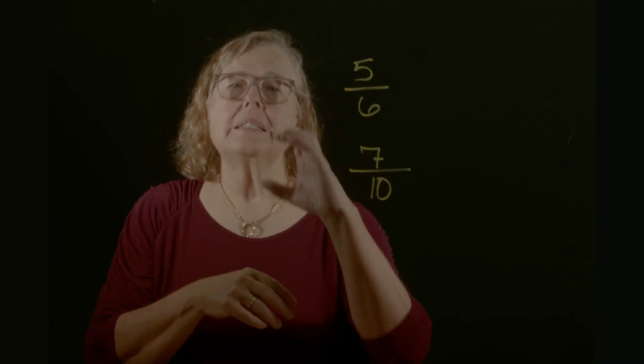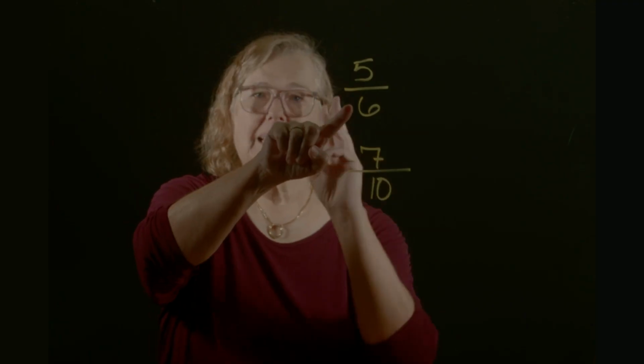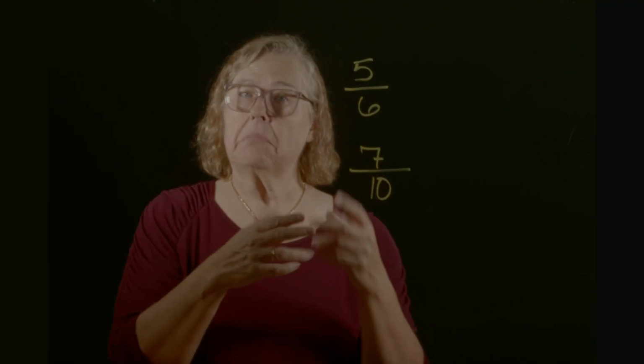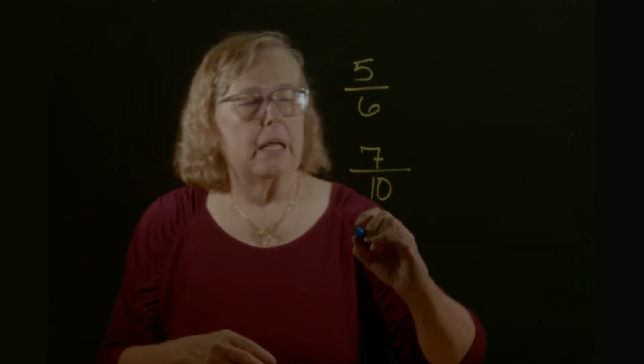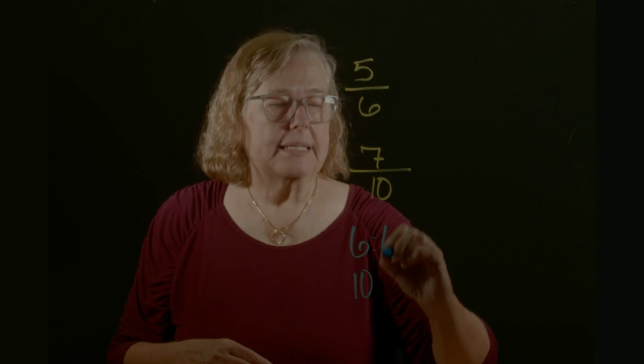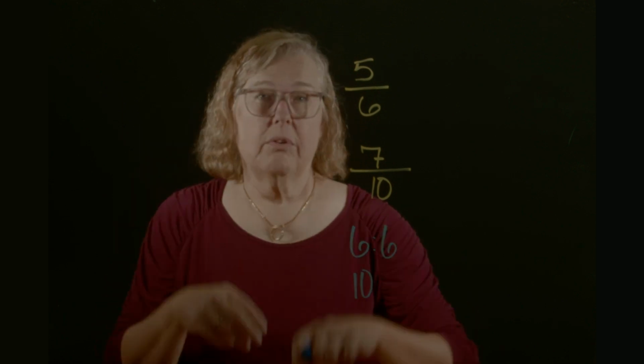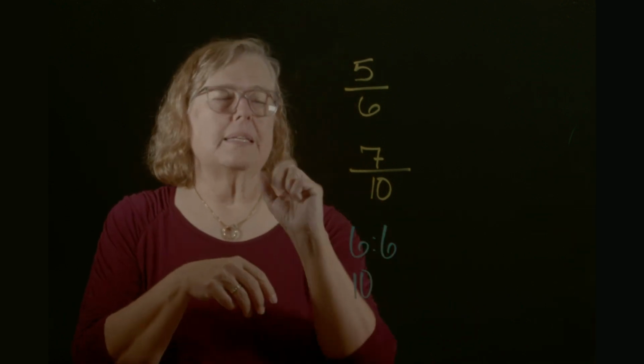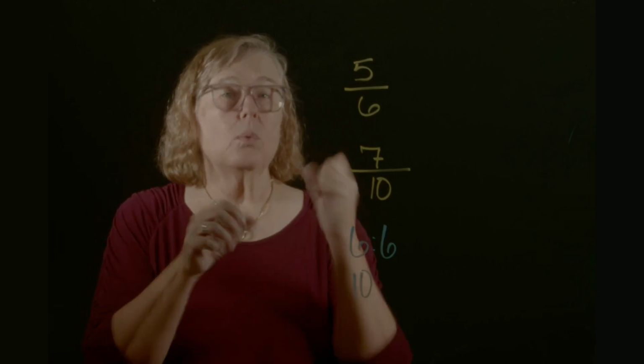So I need to know what is the LCM of 6 and 10. So let's see. Remember, we can use skip counting, or we can use the upside down division.